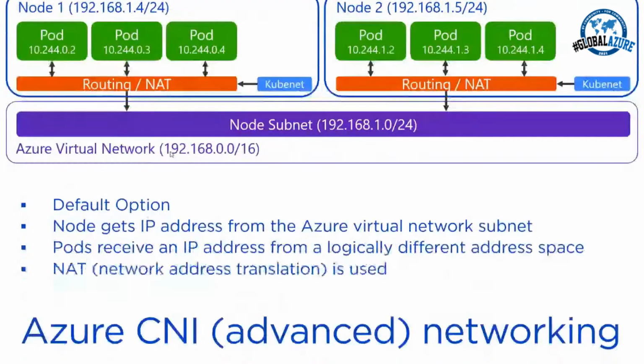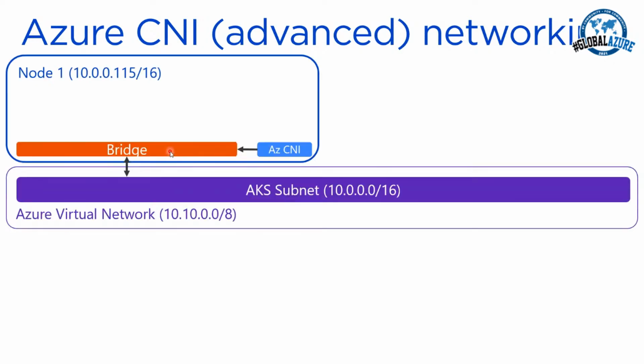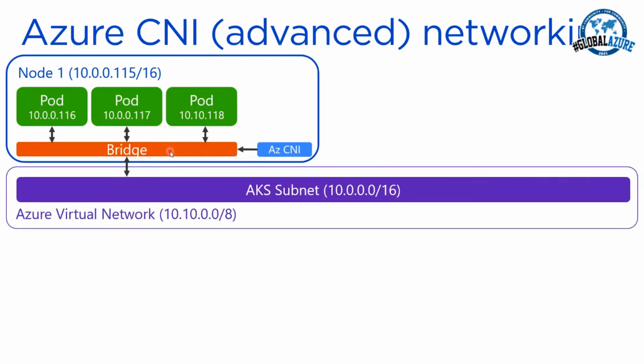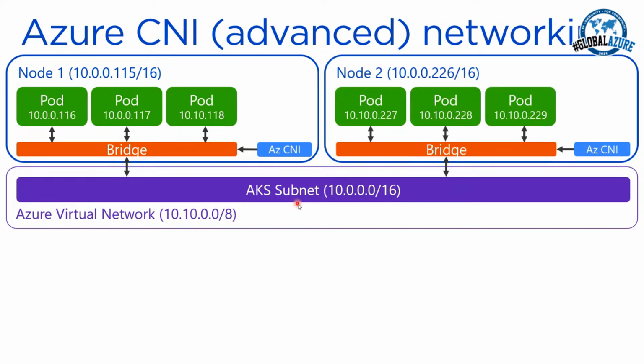On the other hand, we can use Azure CNI, which is also called advanced networking. The big difference here is you place your pods directly in the same subnet. So if you have a subnet where your whole cluster resides, you see that they're using the same address space.